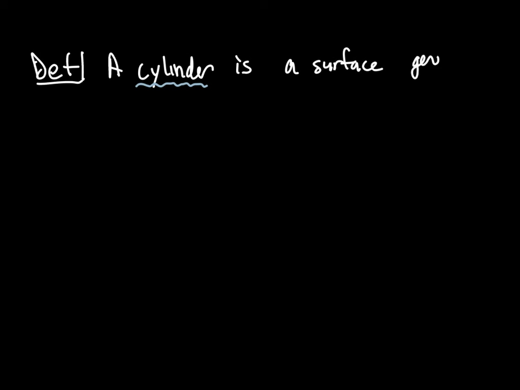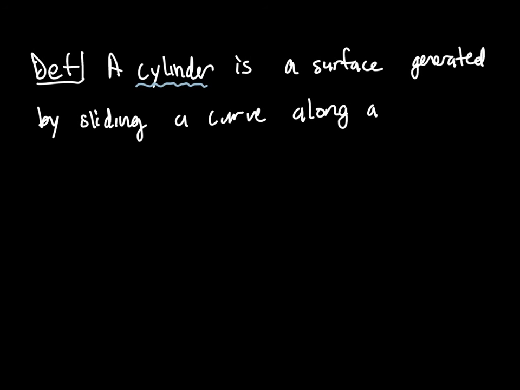We can define a cylinder in the following way. A cylinder is a surface generated by sliding a curve along a line.